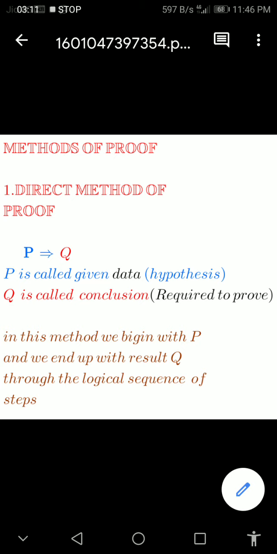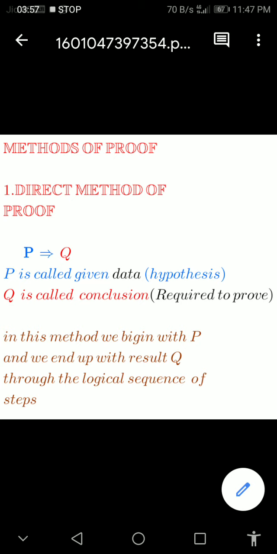We begin with the given data P and we end up with the desired result Q. We arrive at the conclusion Q through a logical sequence of steps. And in this method, each and every step must be justified by a supporting reason. This is the direct method of proof.